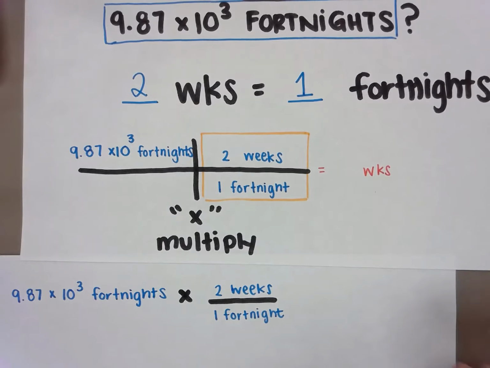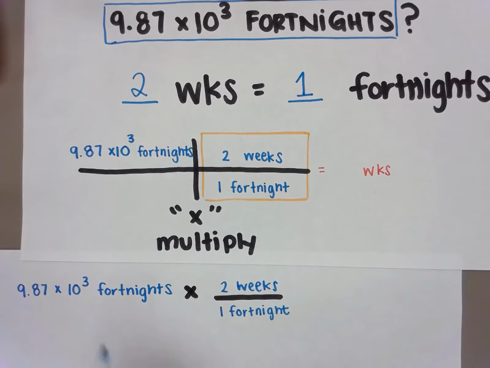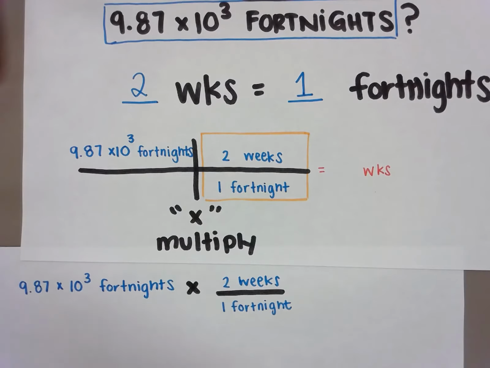In math, we know that we can multiply fractions by multiplying everything in the numerator and dividing it by everything in the denominator. So if I rewrite this problem, this is what I have.